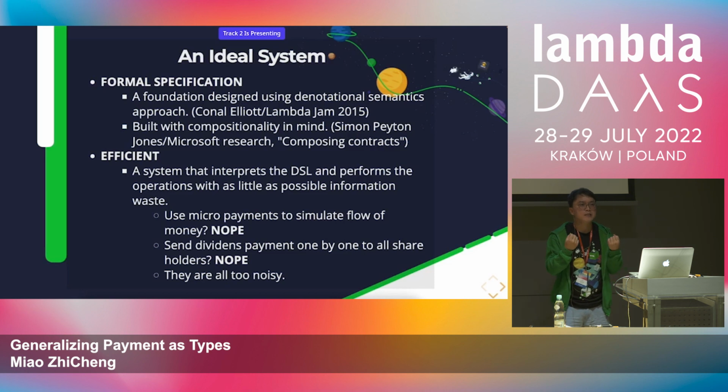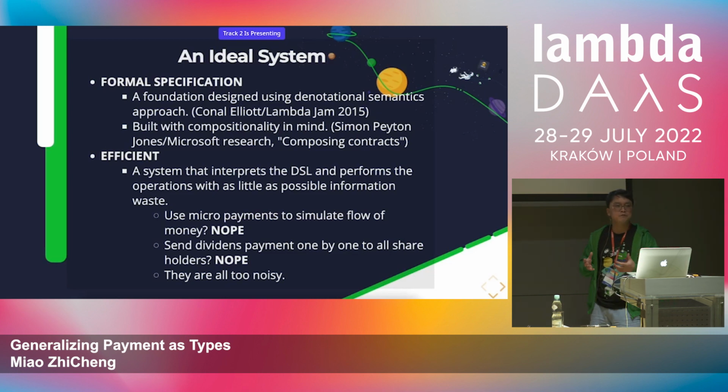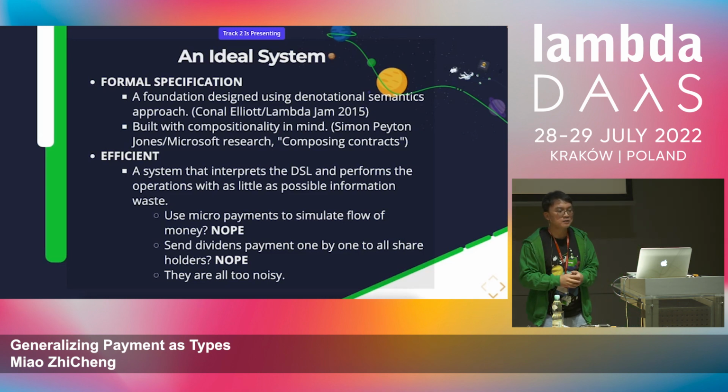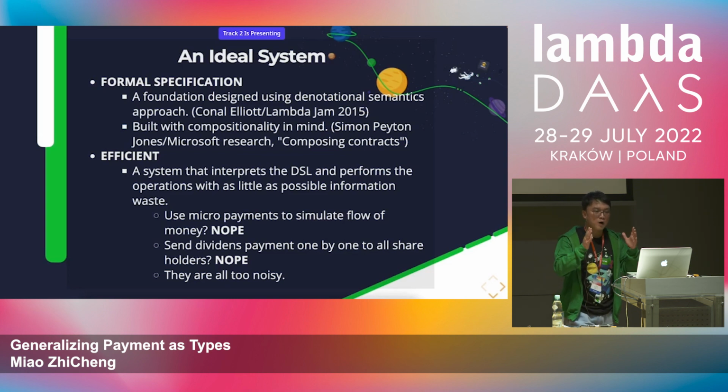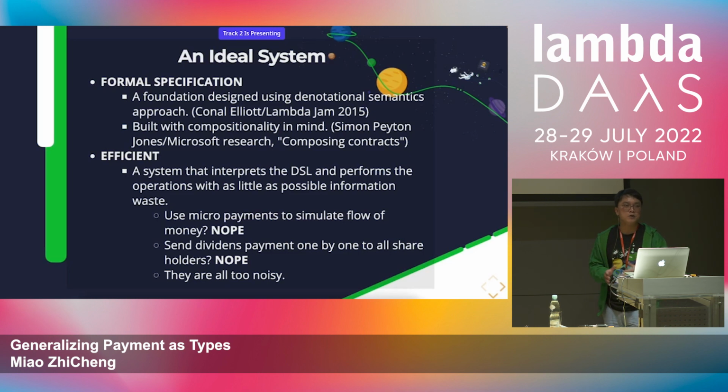So the domain-specific language for describing what kind of payments I want to express in the system, and perform those operations with as little information waste as possible. We want to be efficient here, right? So use micropayments to simulate flow of money? Nah, not good. Send dividend payments one by one to all shareholders? Nope, not efficient enough. They're all too noisy. So our goal is to make an ideal system that is as least noisy as possible, right?